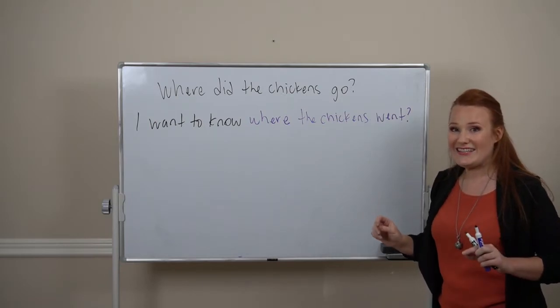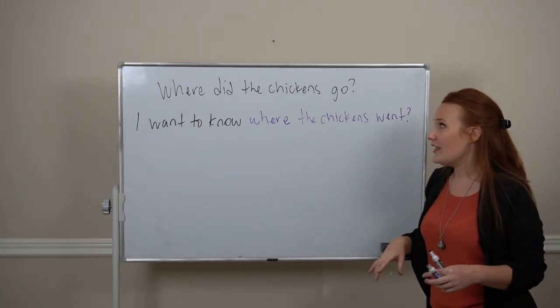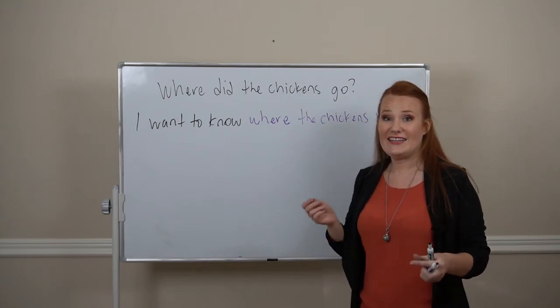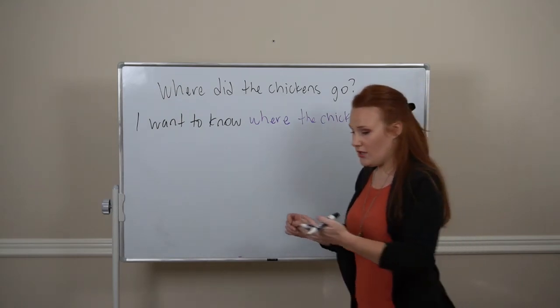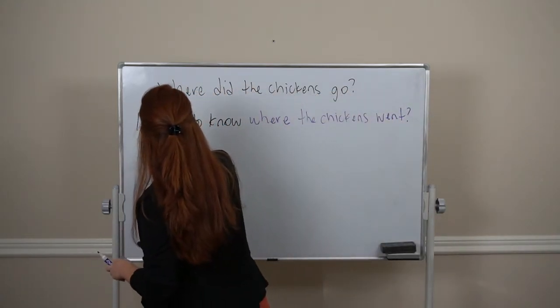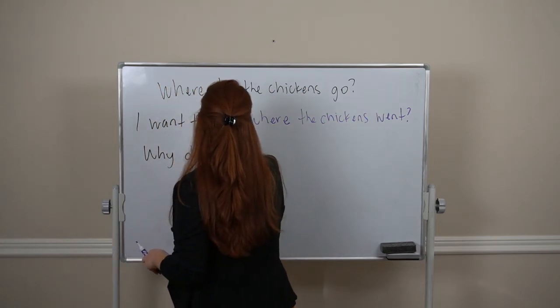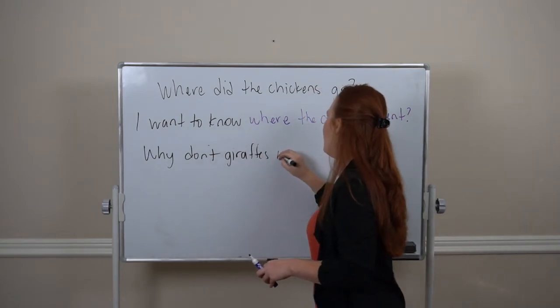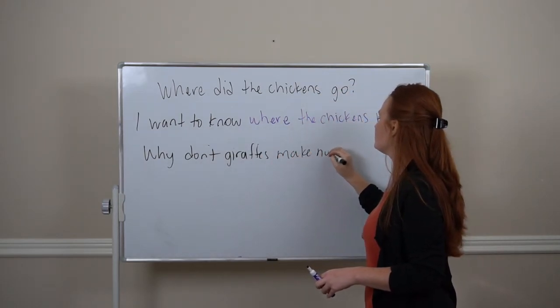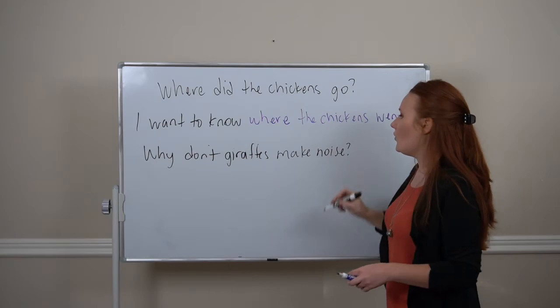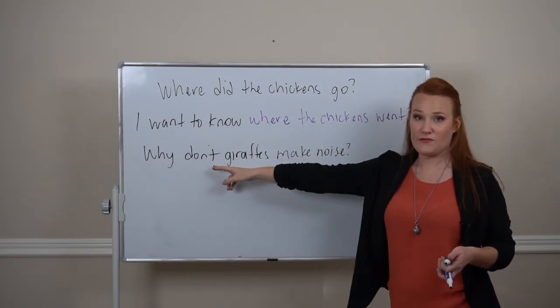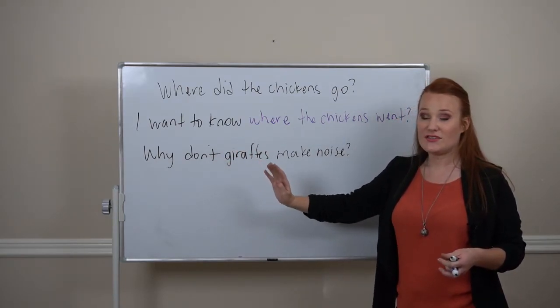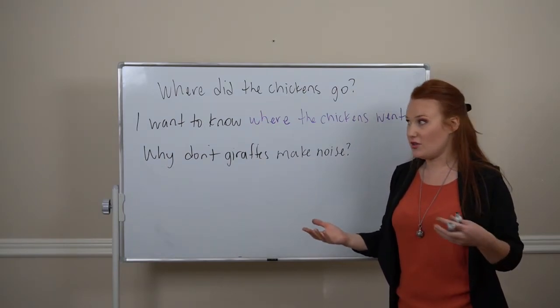Now, there is an exception here, and that's when your question is a negative form. Like, why don't giraffes make noise? We want to keep this negative form in our embedded question, so we need to keep the auxiliary verb as well.